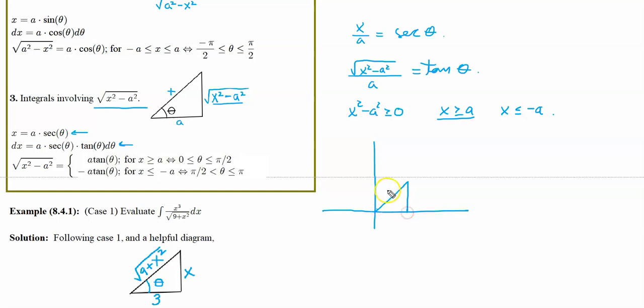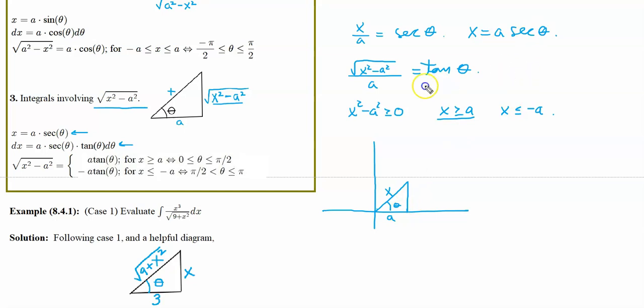So this would be x, this would be a. You see the x is positive, and so x over a is going to be positive. Remember, a is supposed to be a positive number. This is going to be theta right here. So x is equal to a secant theta, and everything is positive as it should be.